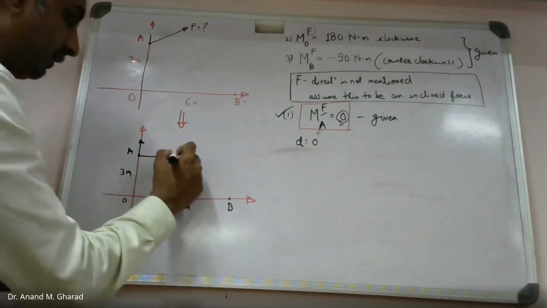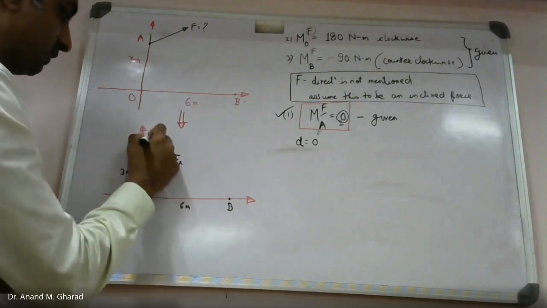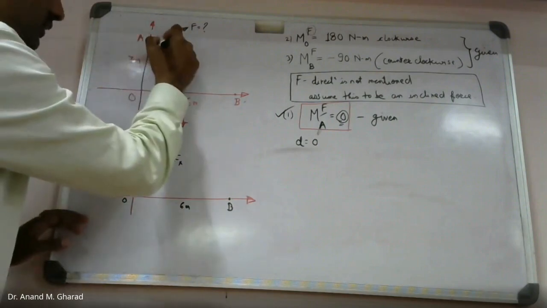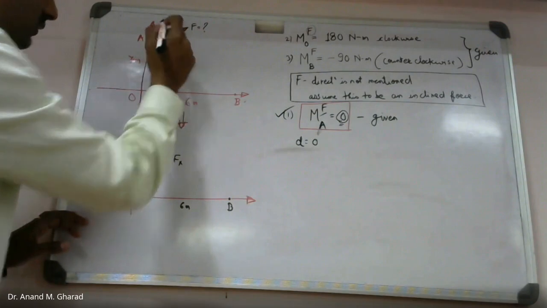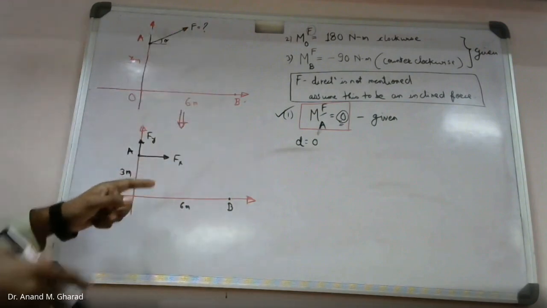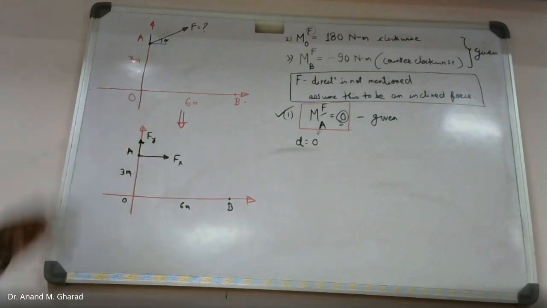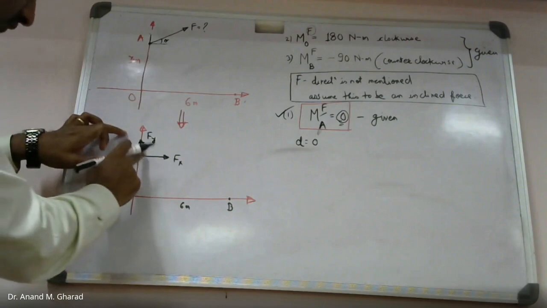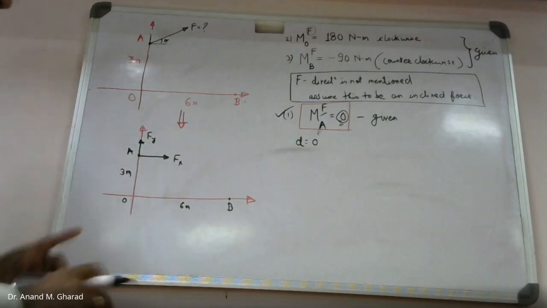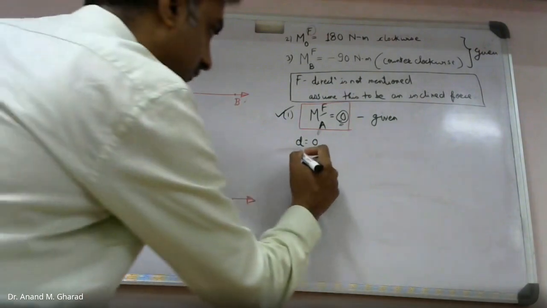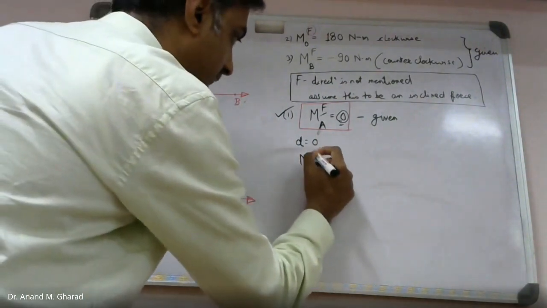What I have done is resolved this into components. That's it. I don't know the inclination and all. So let us find everything in terms of Fx and Fy, and we will get something. If I am doing this with Fx and Fy components, then I will make use of Varignon's principle.